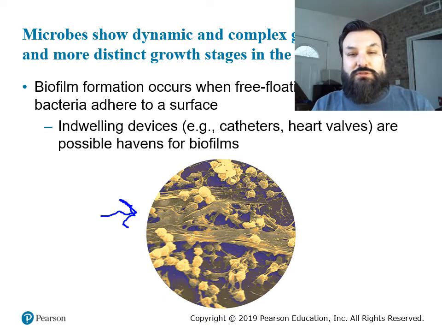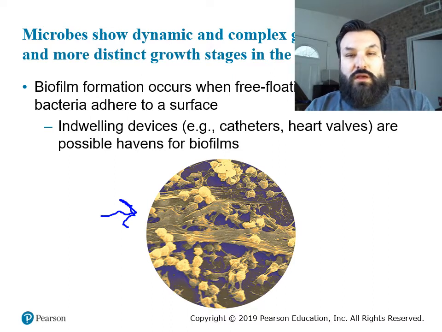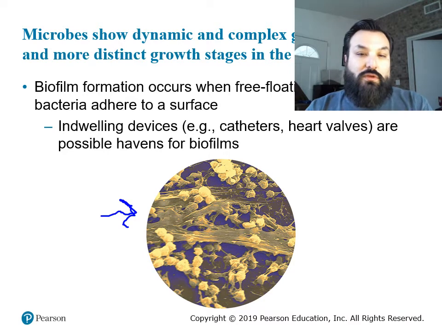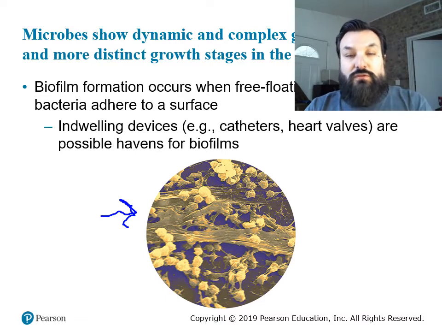So what you see here is the inside portion of the catheter. They've cut the catheter and looked inside and actually seen the biofilm. This is under an electron microscope, right? So these Alcaligenes species, these little dots here, some of them are coccus, but you can also see they are pleomorphic. They can cause blood infections, and so this is a big issue, for example, when you're talking about this, right?